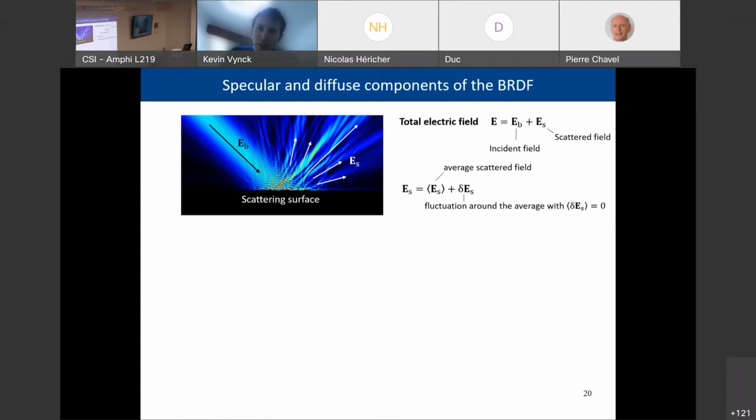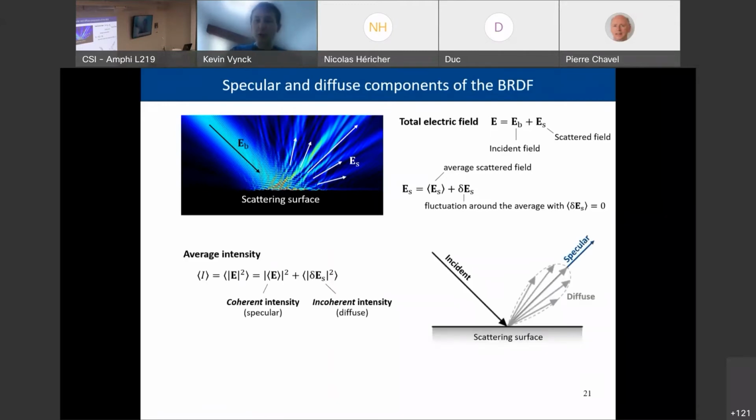So I have a total electric field, an incident field, and a scattered field that is decomposed as an average field and a fluctuating part. If I want to calculate the average intensity, then it's not the field, but the norm square of the field that I should look at. And a very simple calculation shows that the average of the norm square of the electric field can be decomposed into two terms.